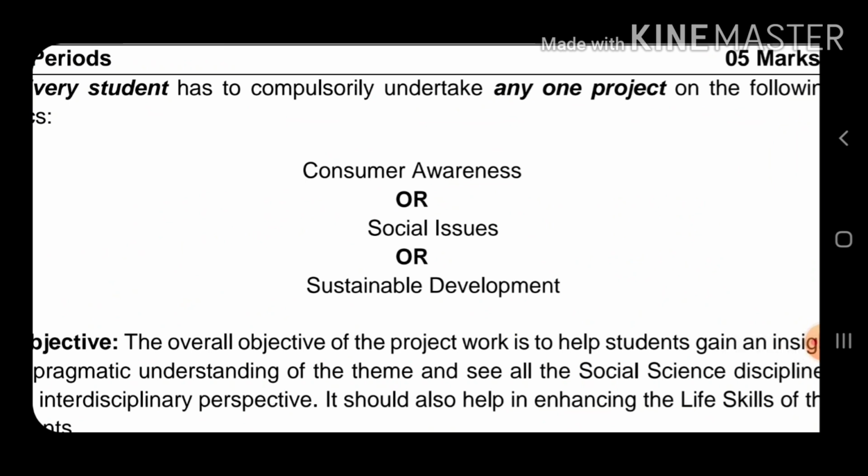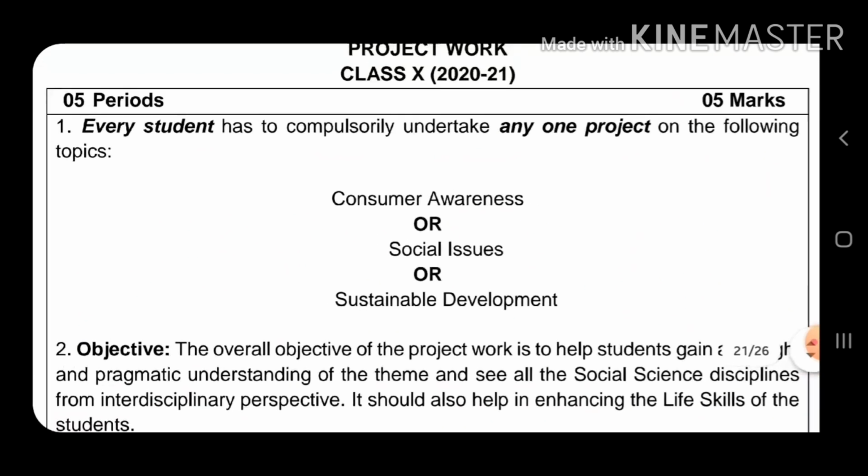The project work should always be handwritten and the project guidelines I will give you later. The main objective of the project is that a student needs to work on a special issue and analyze which will be the best solution.